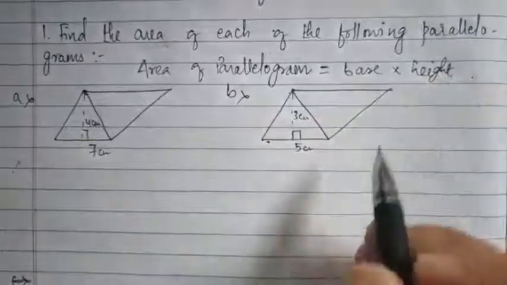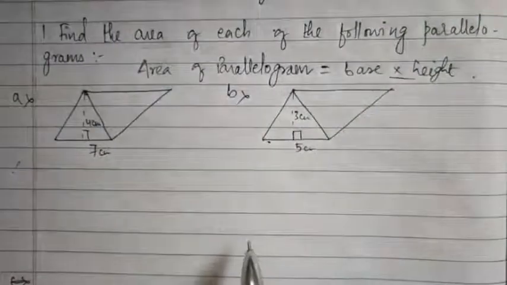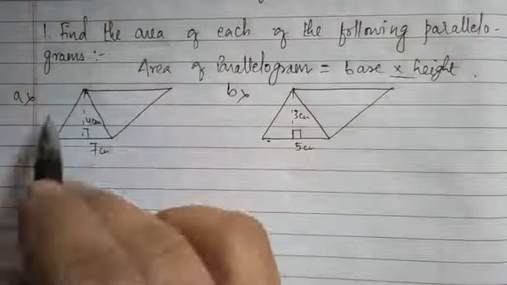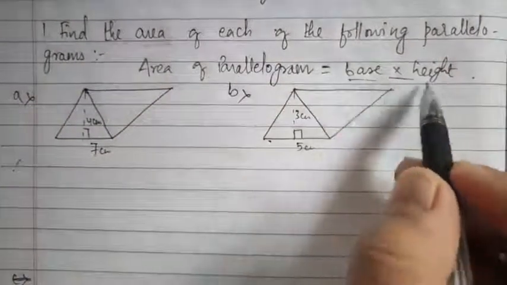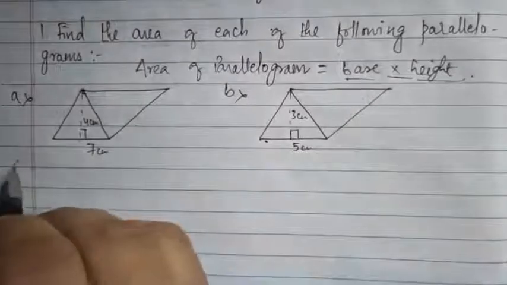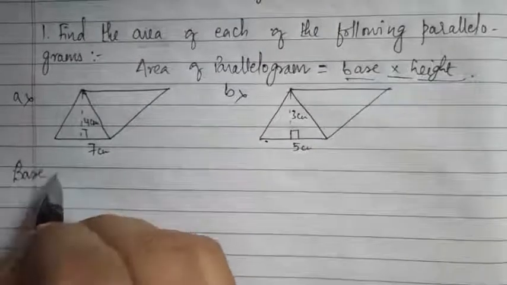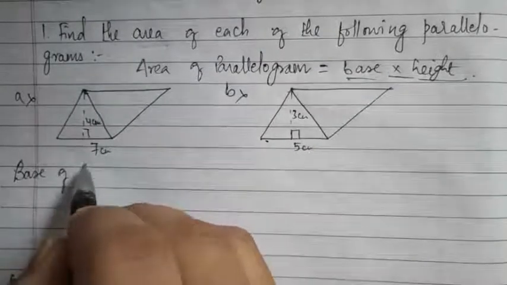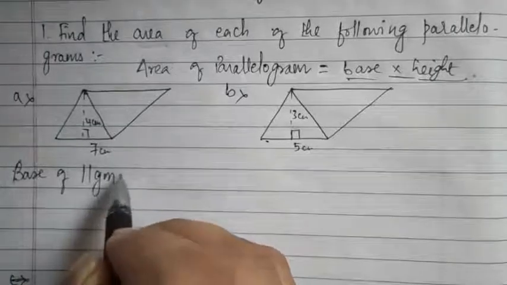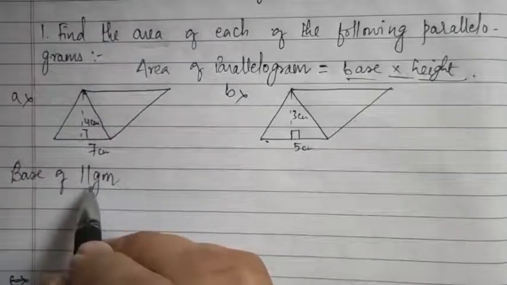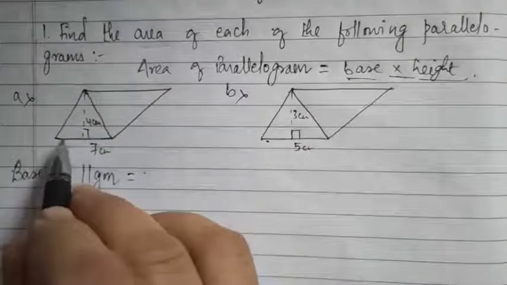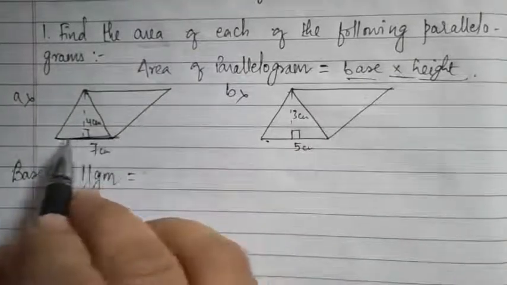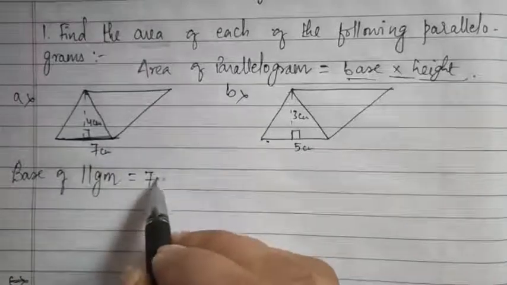All right, so this should be known to you. So if I consider this as a parallelogram, I should have a base and I should have a height. So let us write the base of parallelogram. You may write it in short form also, is equal to, so wherever you stand, this is your base, the ground level is your base.